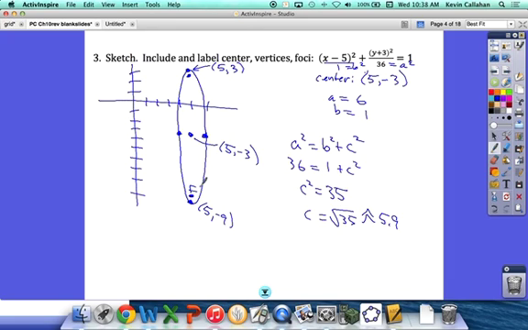That's F and F. And remember to write their coordinates there. That would be (5, -3 plus or minus the square root of 35). I think that's everything.